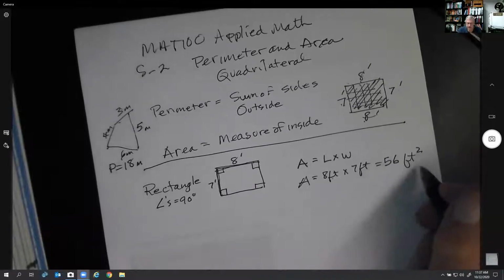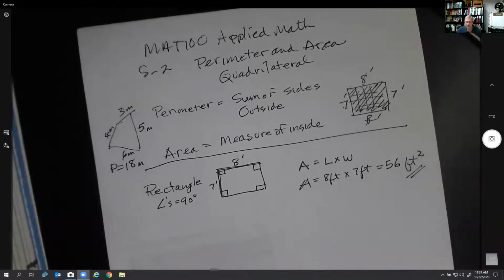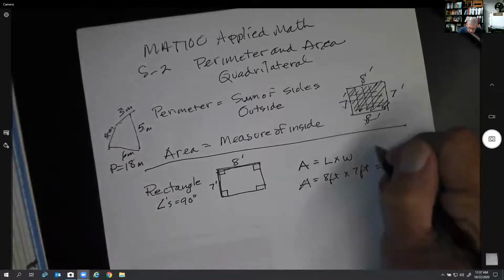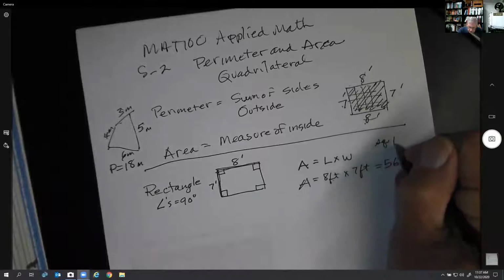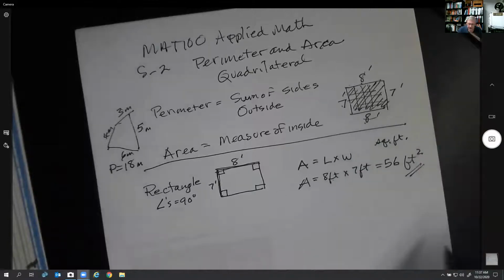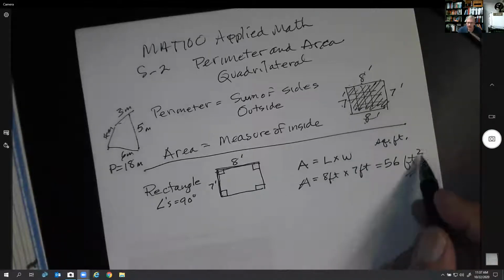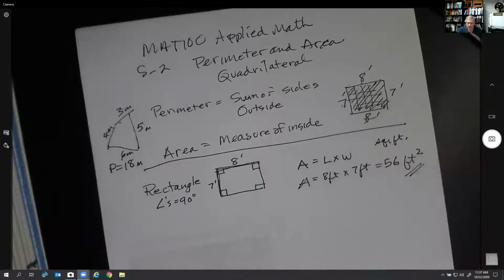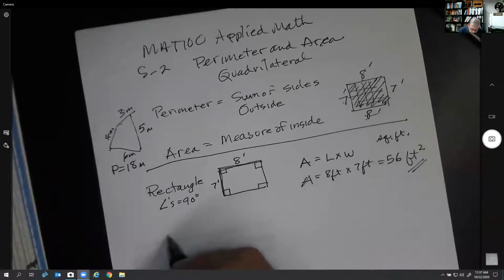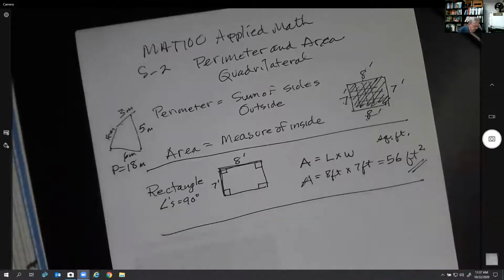So area is always in terms of square feet, square inches. Back when I went to school, they used to write it as square feet like that, but now this is a more common way of writing it, feet squared. So that's the area of a rectangle.